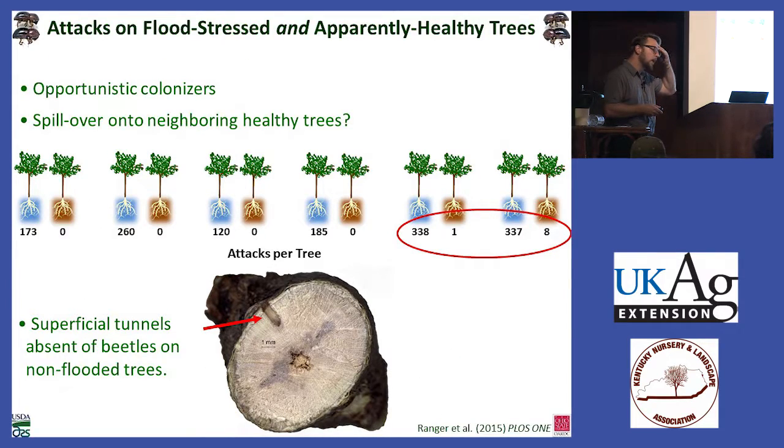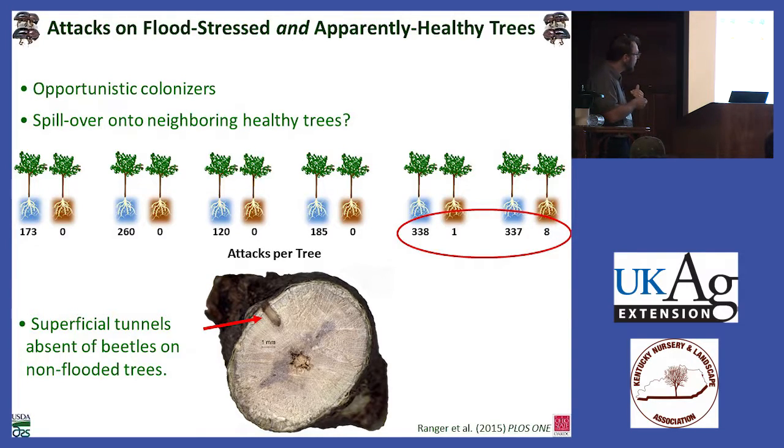So we know that these insects are opportunistic colonizers of stressed trees, and up until last year, we had never seen attacks on a neighboring tree that was not stressed. The numbers under the trees are the total number of attacks on those trees.